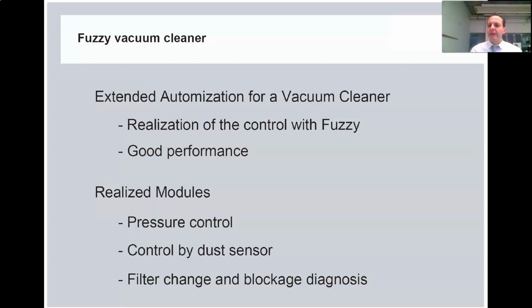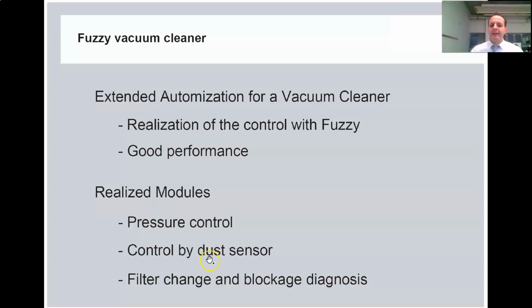You have different modules that implement this system, in particular the pressure control, which allows you to regulate the level of vacuum produced by your vacuum cleaner. So you have a pressure control, or the dust sensor, depending on the filling of the tank of your vacuum cleaner.